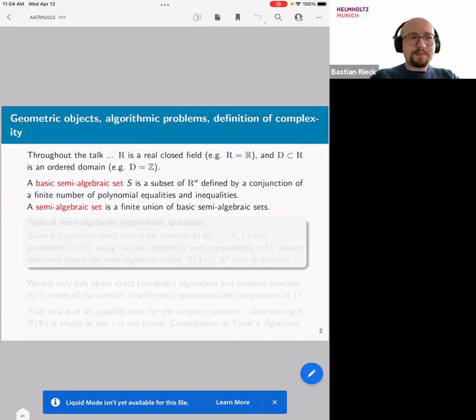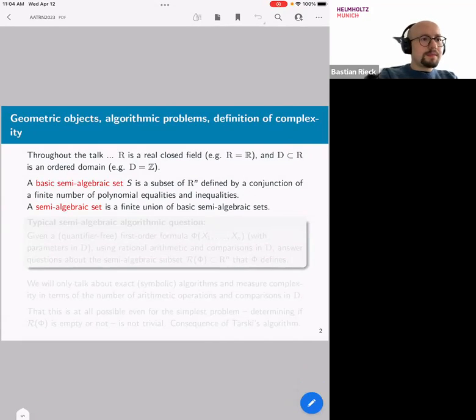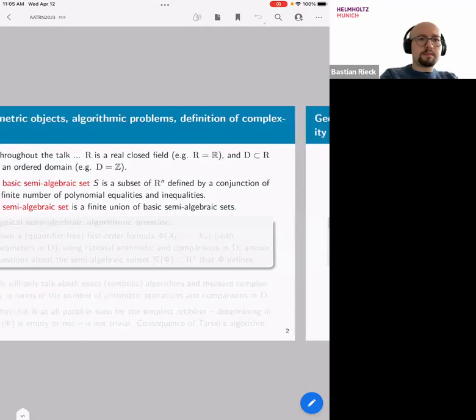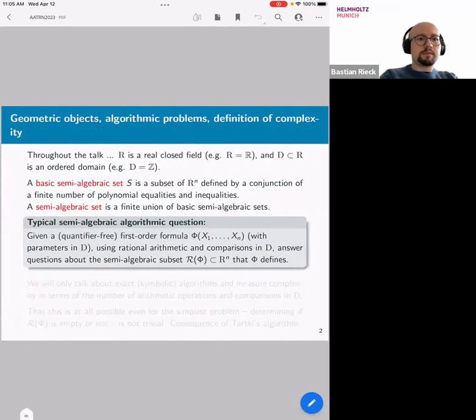So a basic semi-algebraic set is a subset defined by a conjunction of a finite number of equalities and inequalities, while an arbitrary semi-algebraic set, not necessarily basic, is a finite union of basic semi-algebraic sets. So what's a typical algorithmic question?